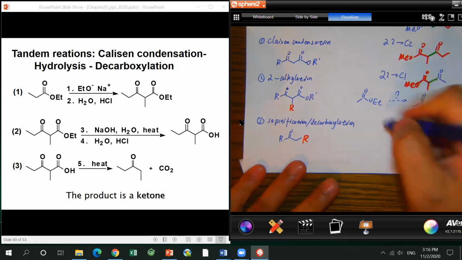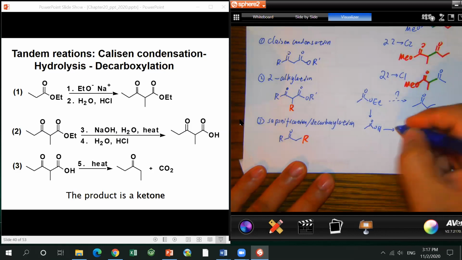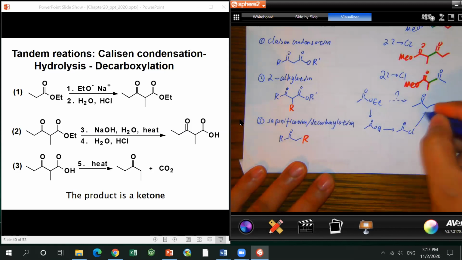Remember, we first do the hydrolysis, then convert to the acid chloride, and then eventually use the copper reagent, which can give the ketone.